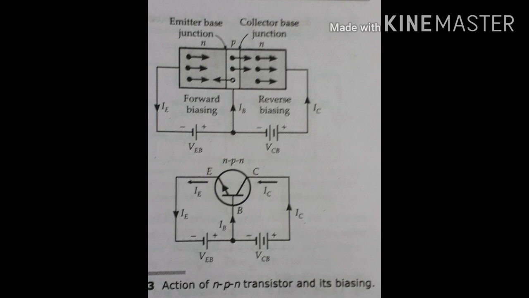So there will be generation of the base current, which is mentioned as IB. Similarly, each electron that flows from the collector to the positive terminal of the battery VCB, an electron will enter from the emitter to the negative terminal of the battery VEB.